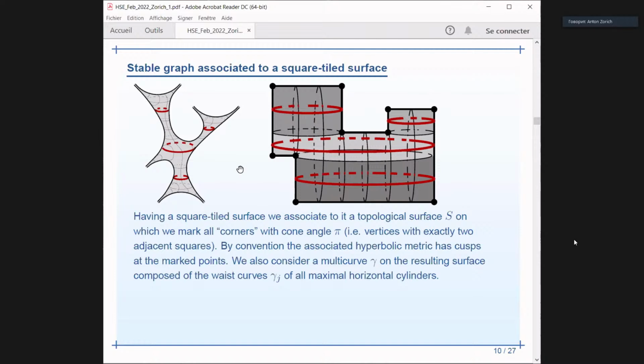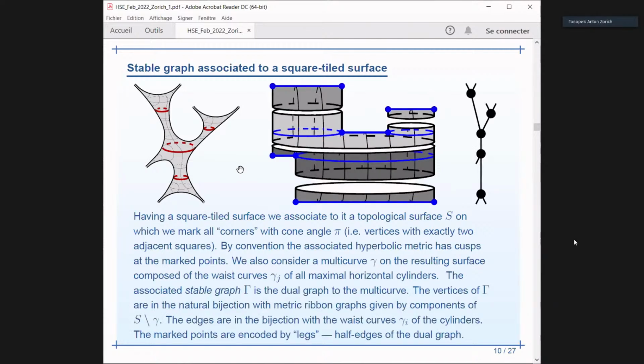And probably it would become even easier if I show this picture. I want to associate to our square tile surface also a stable graph, which is on the right, which is formally just the dual graph to this collection of red curves, where the marked points, which are on the left picture denoted by these horns or cusps, are encoded on the stable graph by these half-edges.